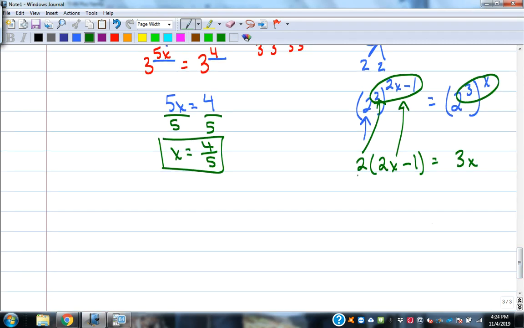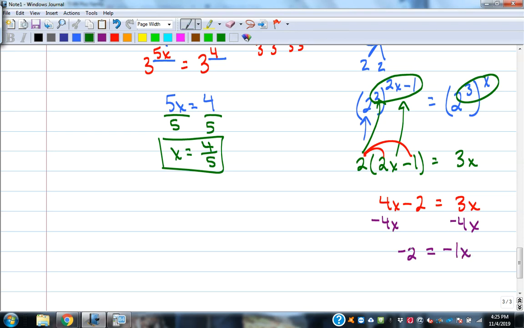And then we've got a nice, easy, 7th grade algebra problem here. We just get x by itself. So we're going to distribute the 2, that's 4x minus 2 equals 3x, and then subtract 4x. Negative 2 is equal to negative 1x.